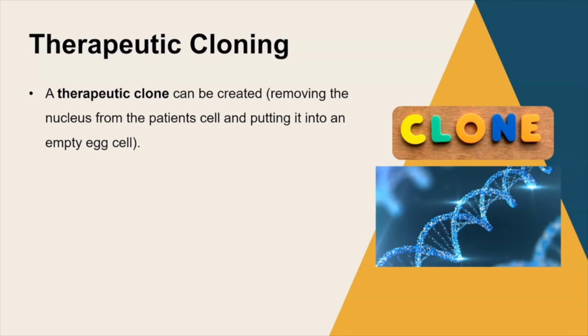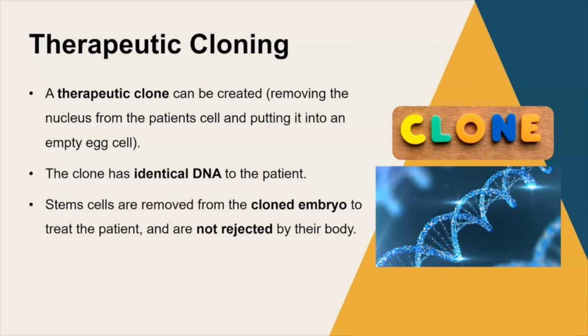It's when you just clone a patient to get an embryo, which you can then use the stem cells for to treat certain diseases. And the way this is done is we remove a nucleus from the patient and we put that nucleus into an empty egg cell, and that is the equivalent of fertilization. So that clone, which is now just our embryo, has identical DNA to the patient.